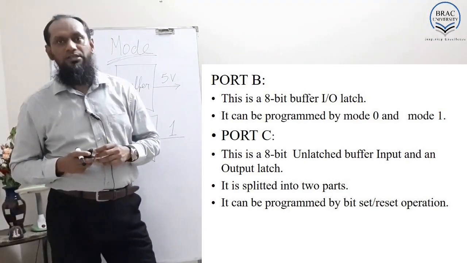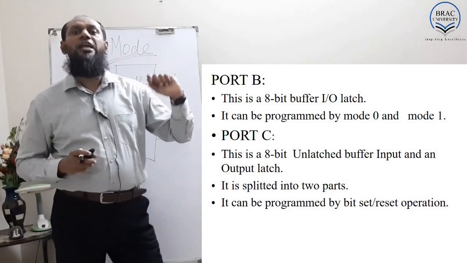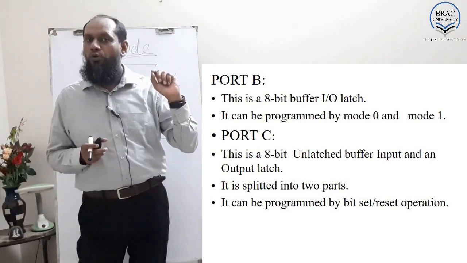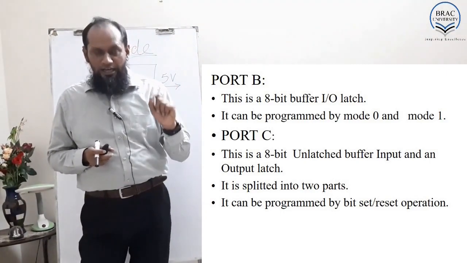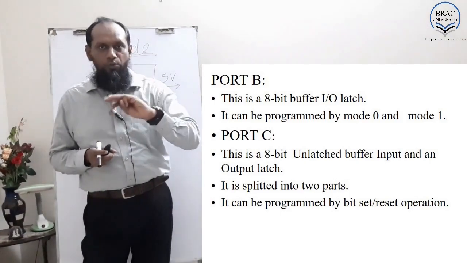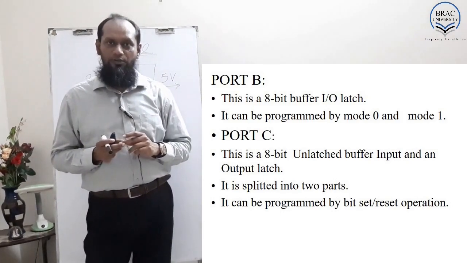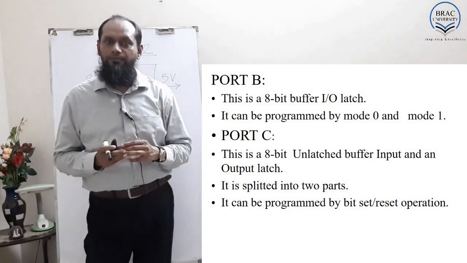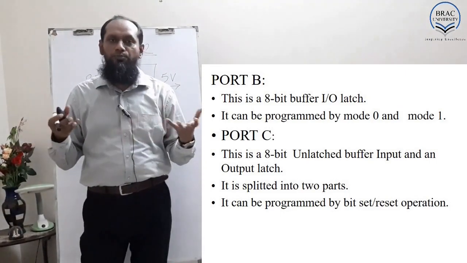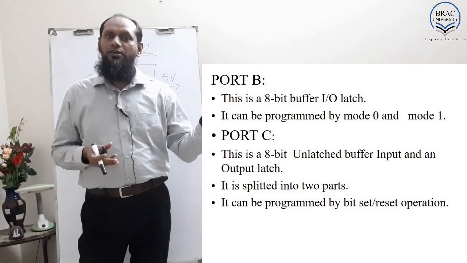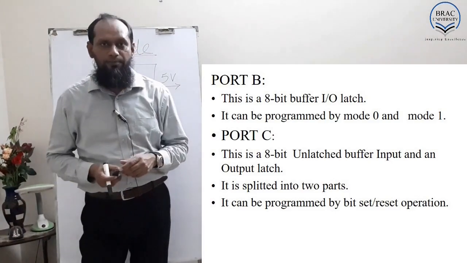But the interesting thing is, the pins of port C are used for handshaking. That means when port A works in handshaking in, then 3 pins from port C will perform the control task of handshaking. In the same way, when port B does some output or input work, at that time some pins of port C will support handshaking.